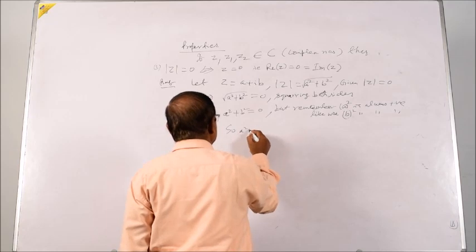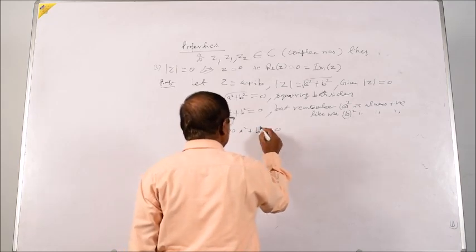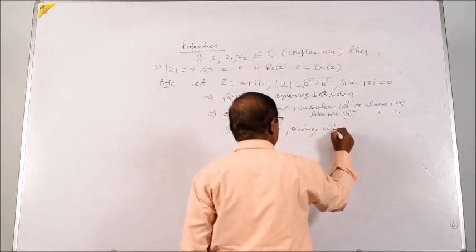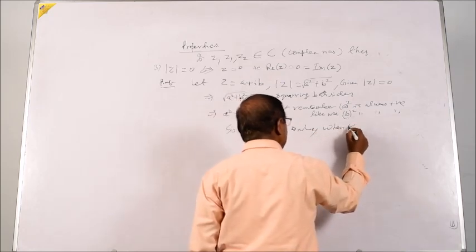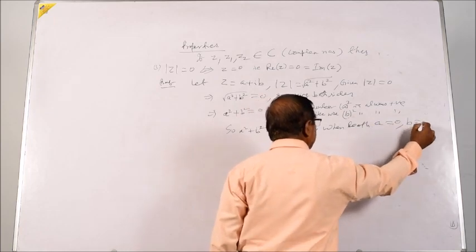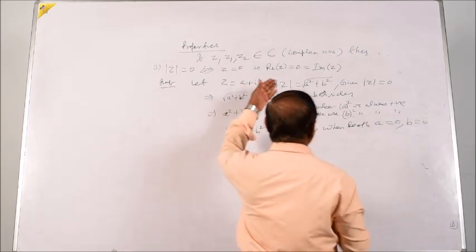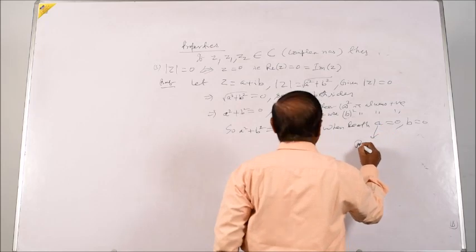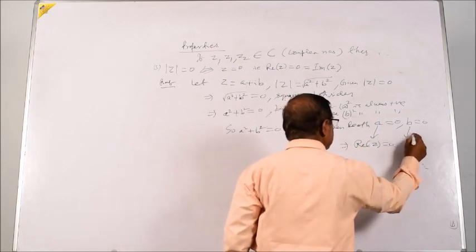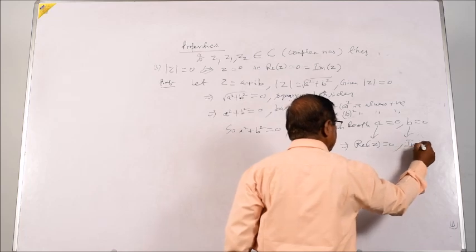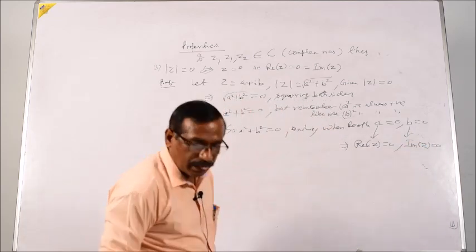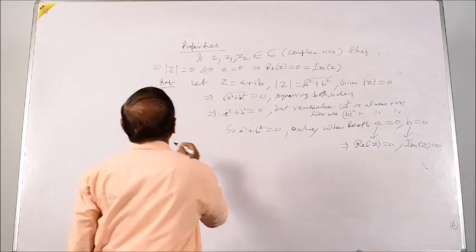So, a square plus b square is 0 only when both a is equal to 0 and b is equal to 0. What does it mean? a is the real part of z, which is 0, and b is the imaginary part of z, which is 0. So, we have proved this. Now, let us come to the second property.